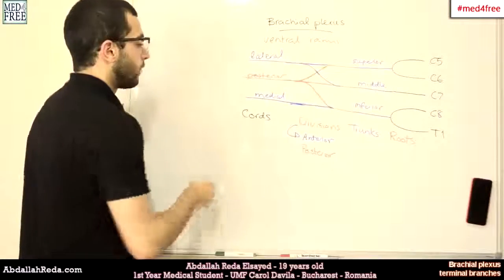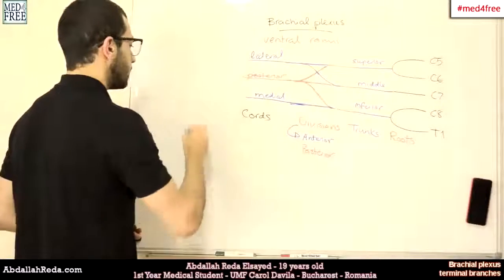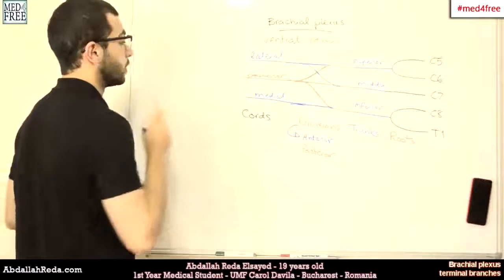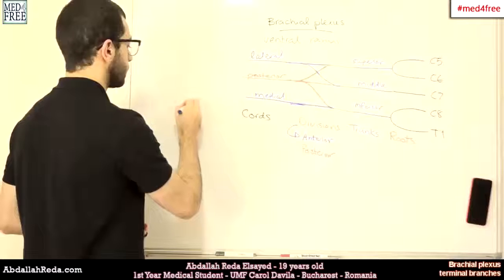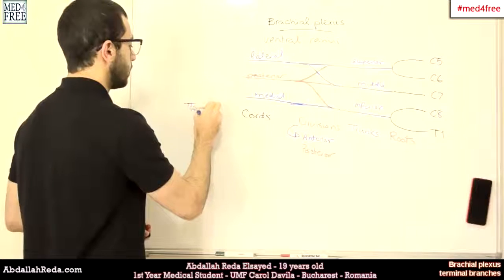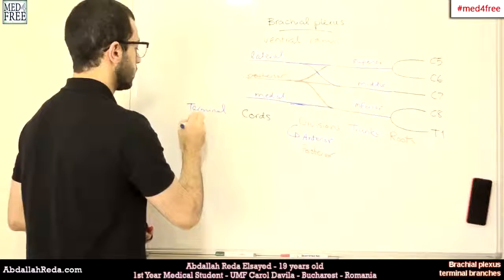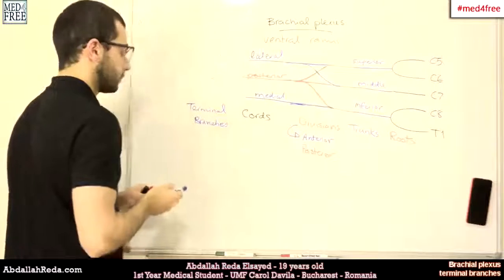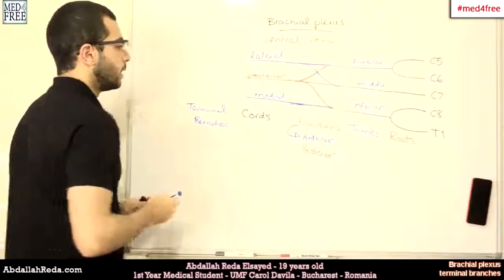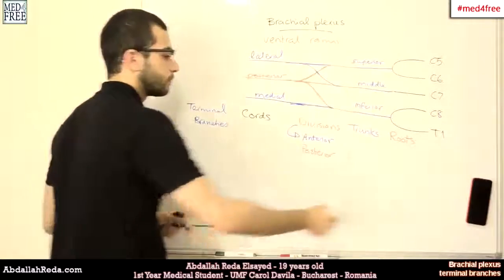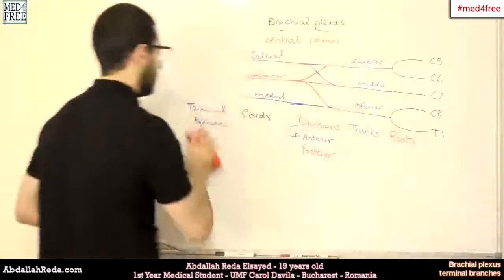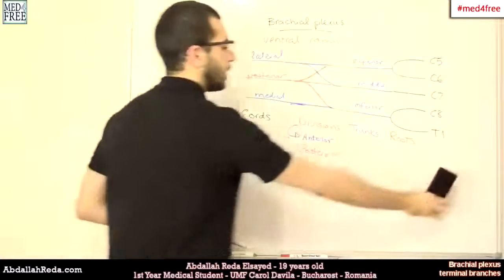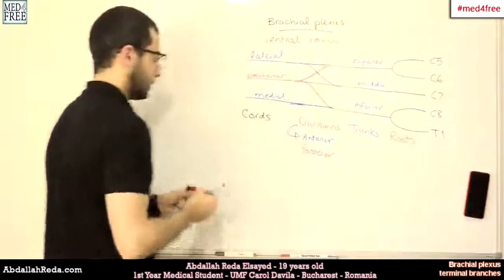And then we have our final part, which is the terminal branches. Terminal branches of the brachial plexus. And so we will have something that looks like this.